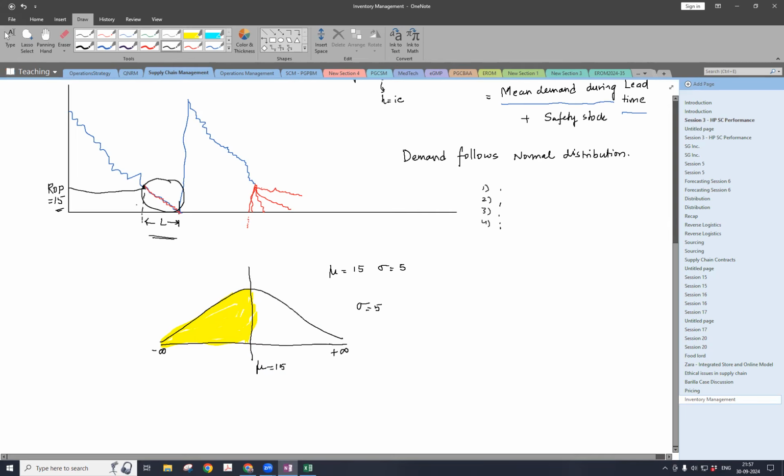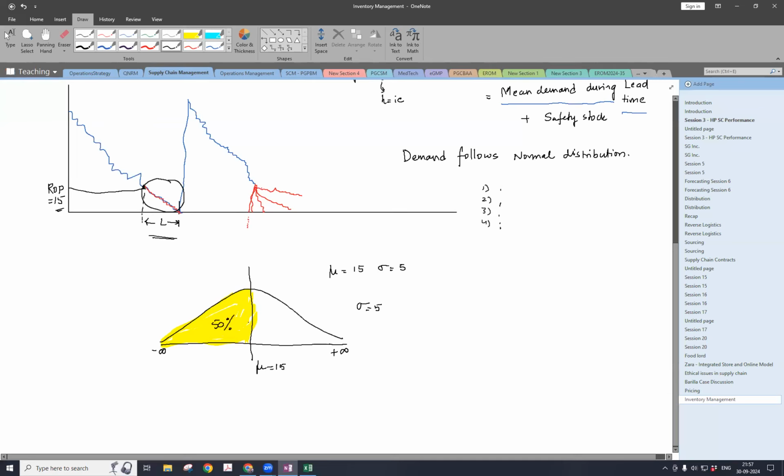During this lead time, any amount of demand could come because we know that demand is uncertain. Given that demand follows this distribution, if I get a demand value which is 15 or less, I can always fulfill that. Now, what is the chance that we are going to get 15 or less? That is 50%. We can see over here.